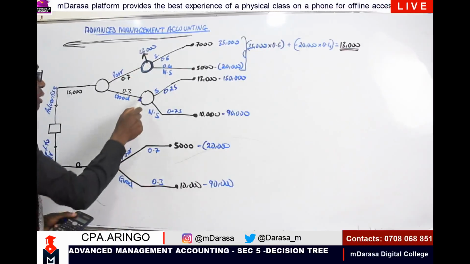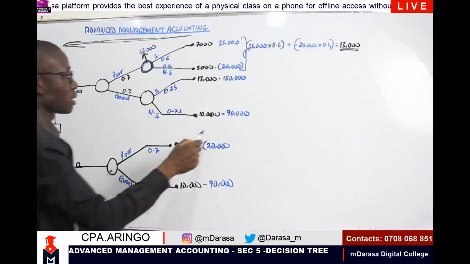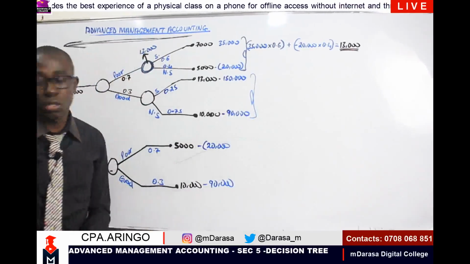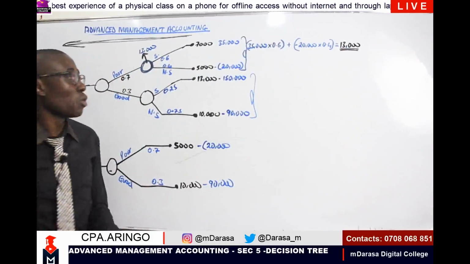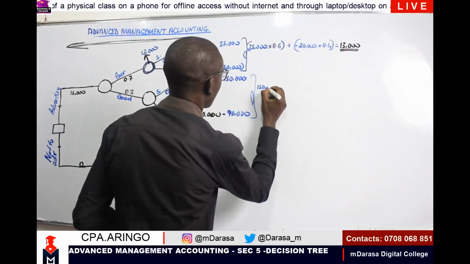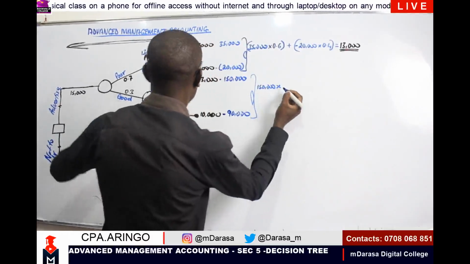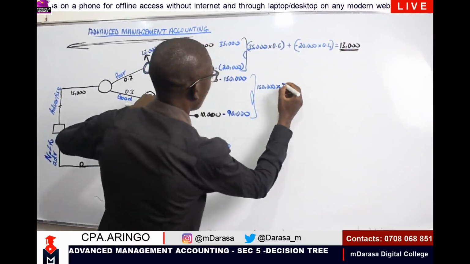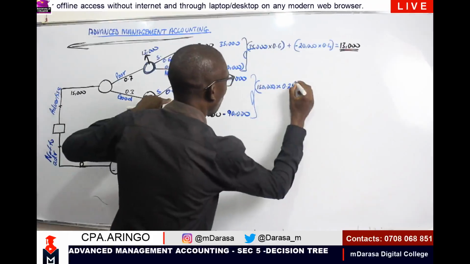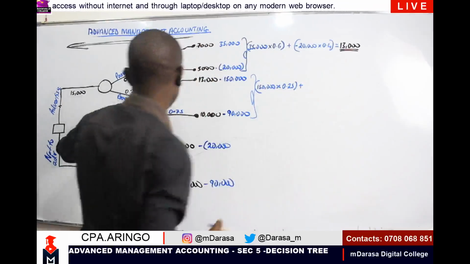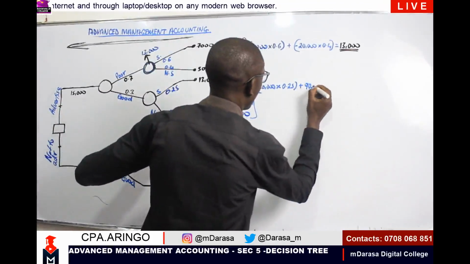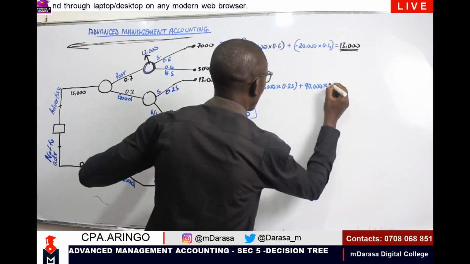What about at this point if my weather is good? The same procedure will apply, my good student. We are going to take the 150,000 and multiply by 0.25. We are going to add the 90,000 multiplied by 0.75.